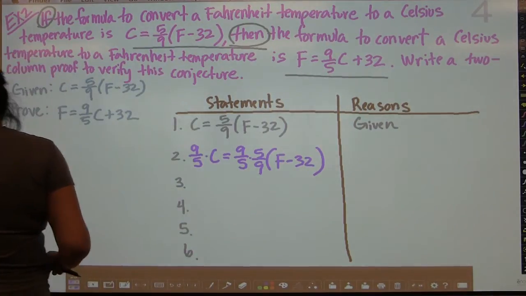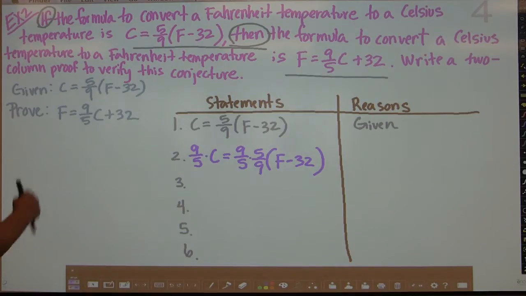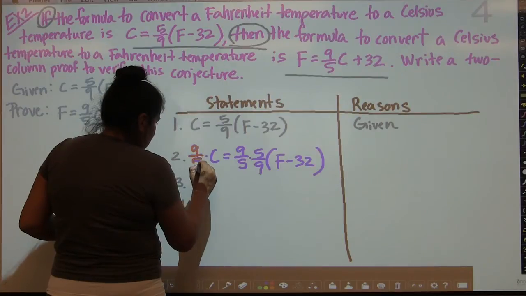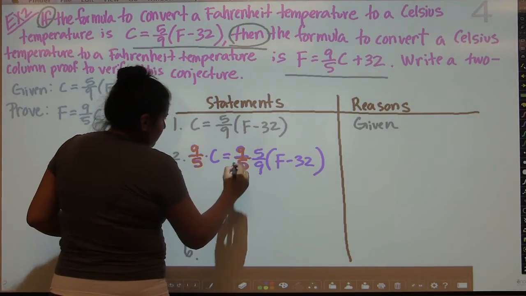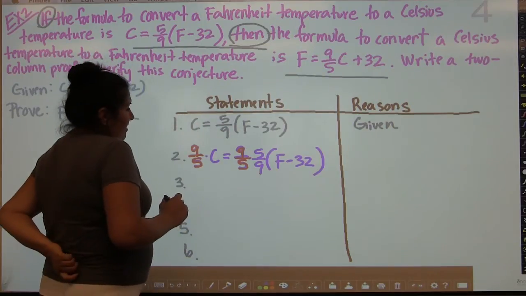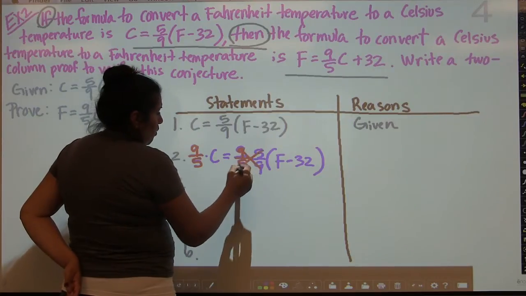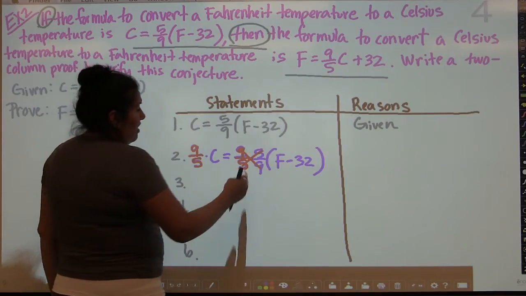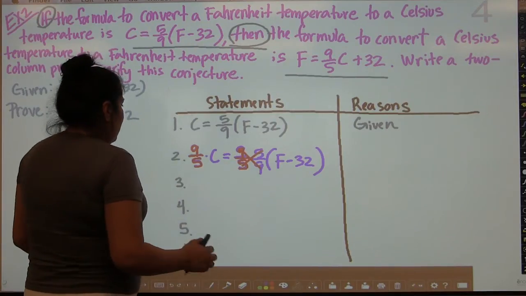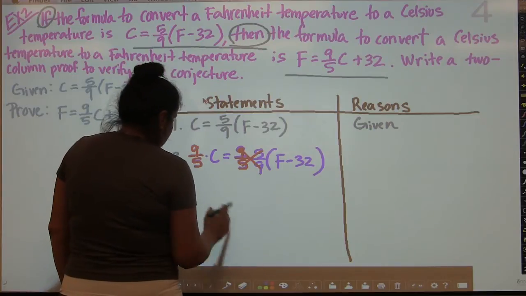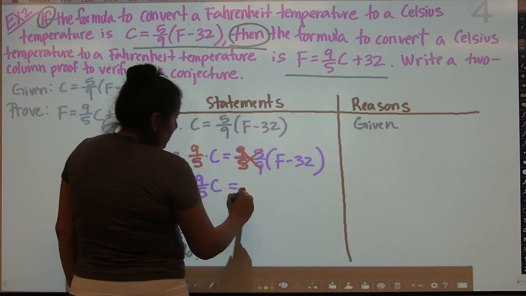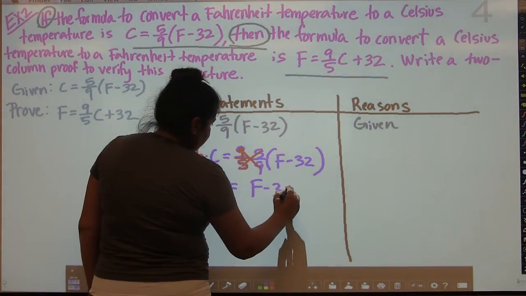So what I'm doing here is, if I was actually going to solve this, you can even use different colors so you can see what's being added here, the 9/5. We already had 5/9, so I want to get rid of the 5/9. So if I multiply it by 9/5, then these two will be a 1. They'll cancel. 9 times 5 is 45. 5 times 9 is 45. So you get 45 divided by 45, which is basically 1. So when I do that, I'm going to end up with 9/5 C equal to F minus 32.